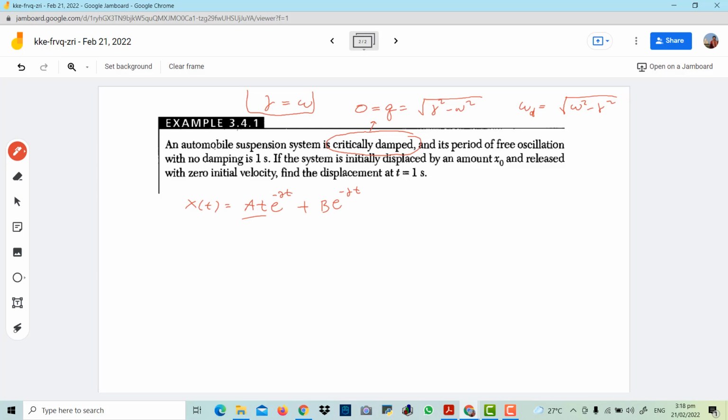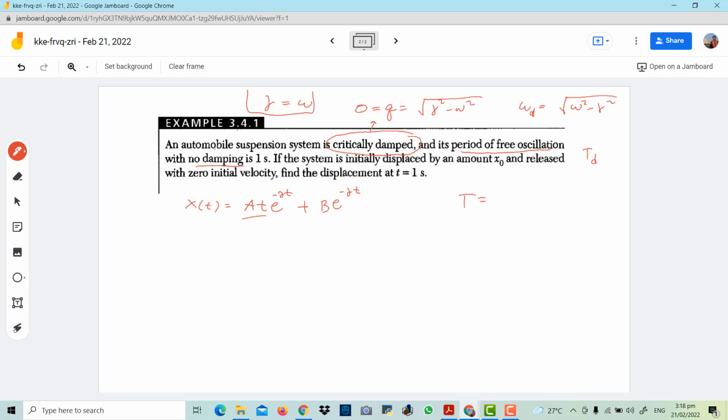Okay? So again, the automobile suspension system is critically damped and its period of free oscillation with no damping. What do you mean by this? Period of free oscillation with no damping, meaning your period T. Not the TD. Take note, TD is different from T, okay? TD is the period with damping.